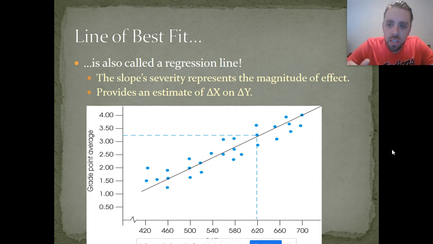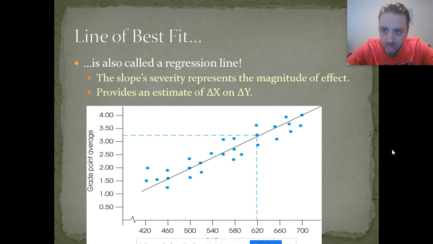The severity of the slope that you see here is also standing in for the magnitude of the effect. Now, we didn't really quantify that when we did correlation. Now we're going to actually estimate and quantify that. The slope coefficient of a line is the regression coefficient. It provides an estimate of something you may remember if you took linear algebra at some point in your career: delta x on delta y.